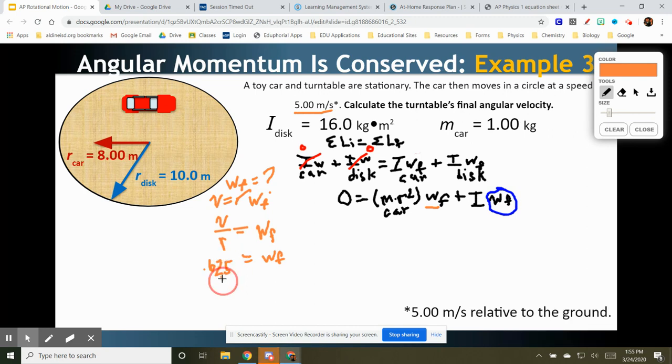Thanks, Raphael. And then here we were given the moment of inertia of the disk. So we pretty much should be able to solve this. So let me know what you end up getting for your final angular velocity of the turntable.